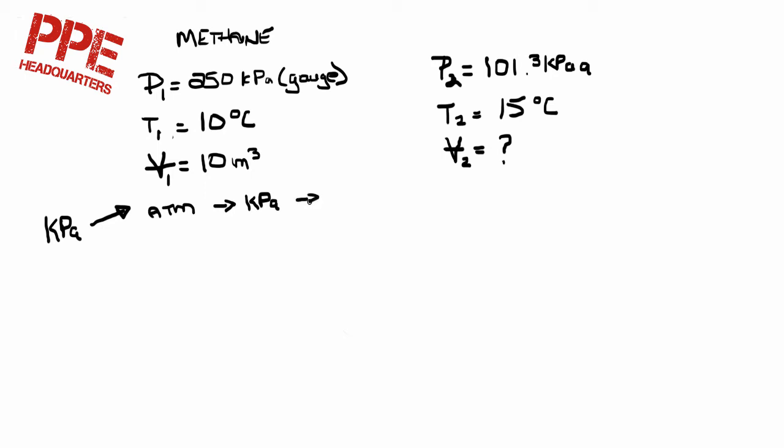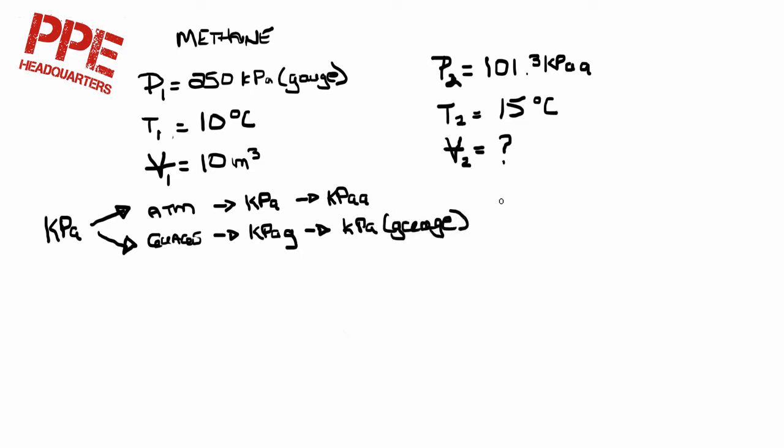Sometimes you'll also see it as kPa, like I wrote it before there. And you have another type of pressure, or description of pressure, which is gauge. And that's what you measure. You'll always be given what this is. So you'll be given kPa G, you'll often see. You'll also see gauge, like I wrote it up there. So just know that atmospheric is the default, unless they tell you that it's gauge.